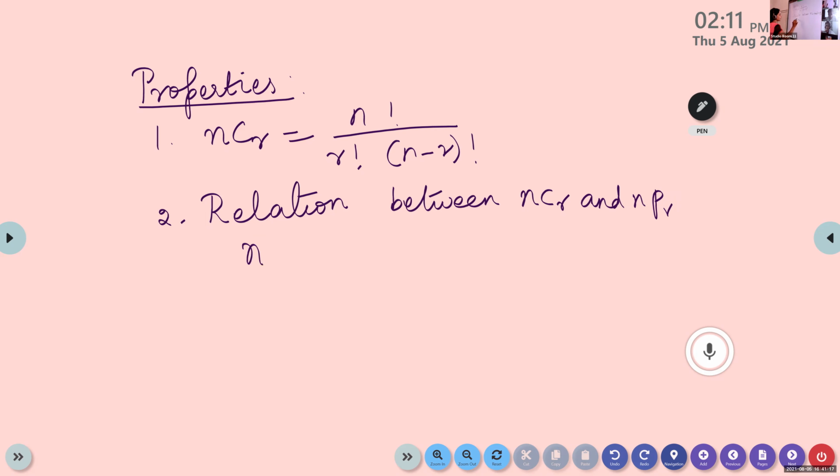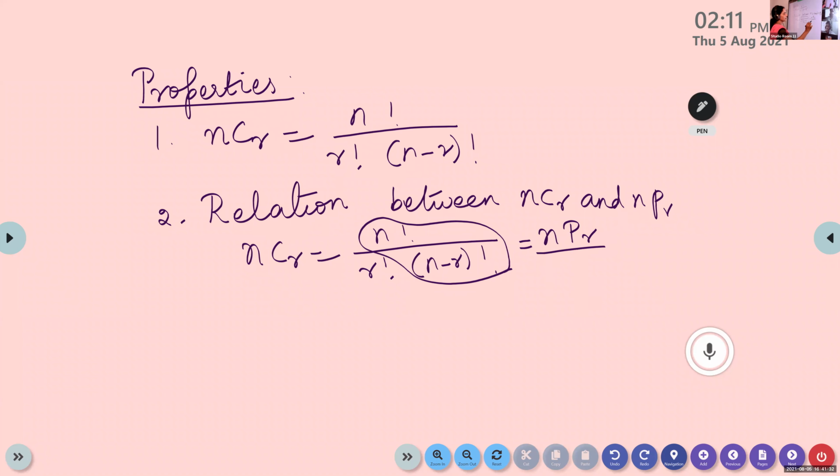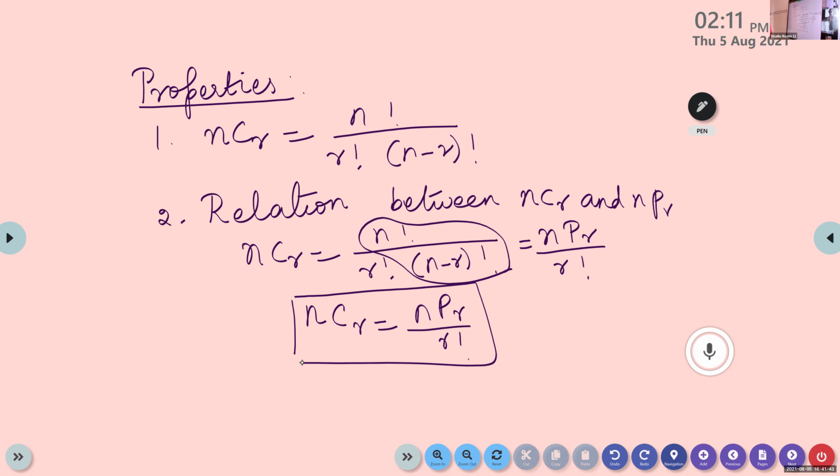So in NCR, n factorial by r factorial into n minus r factorial, the part n factorial by n minus r factorial represents NPR. So NCR is NPR by r factorial. This gives the relation between NCR and NPR: NCR is NPR by r factorial.